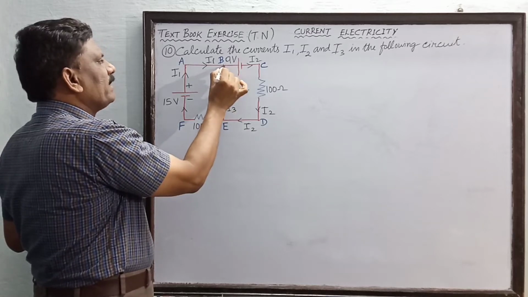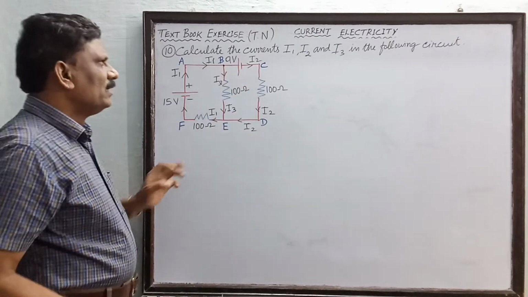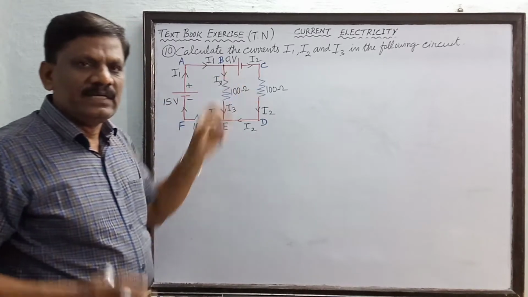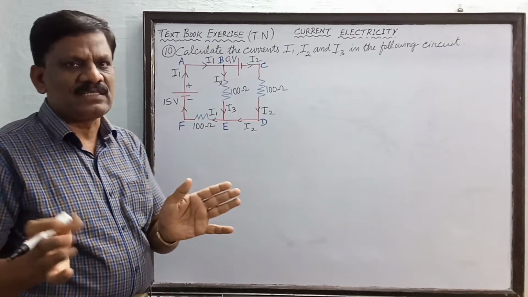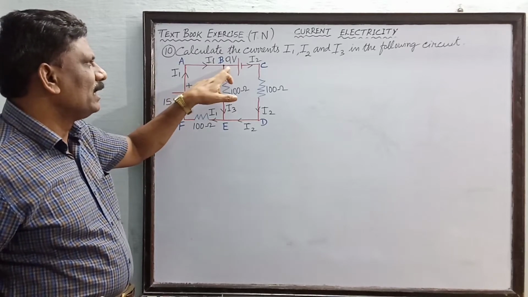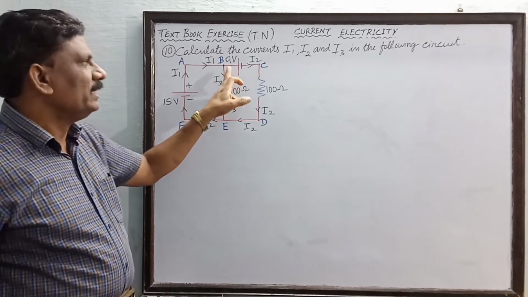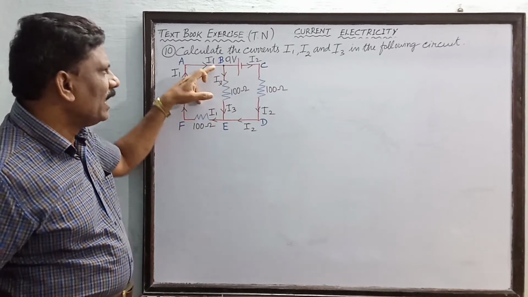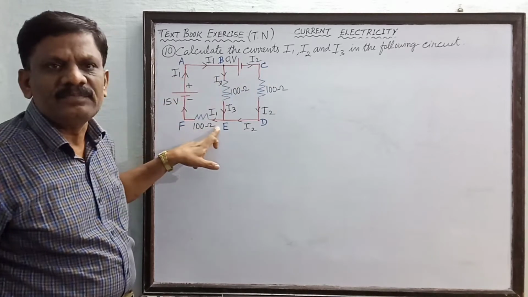Now you can see this point. When I1 ampere is approaching the junction B, it is dividing in two different branches. So the current I1 ampere, after reaching the junction B, is splitting in two branches as I2 along BC and I3 along BE.